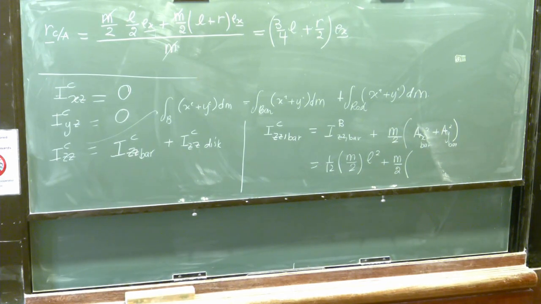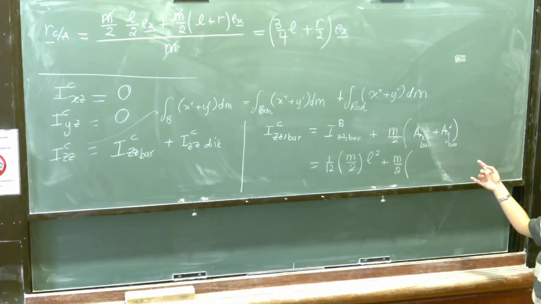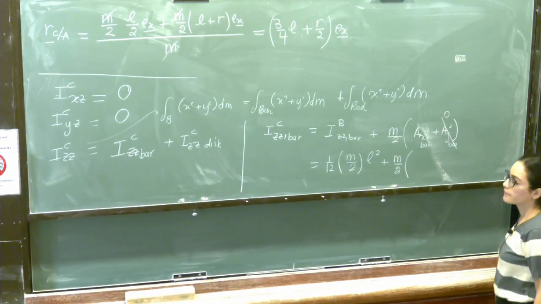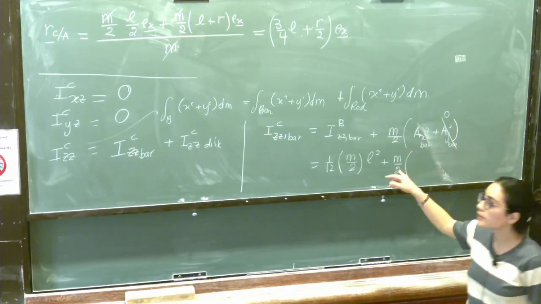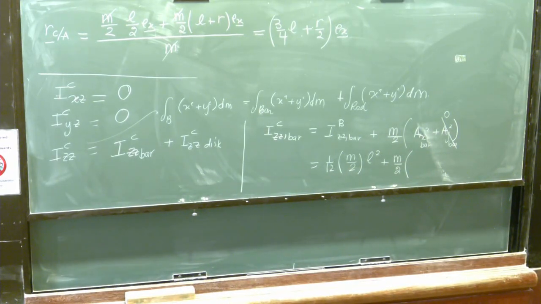Does this vector have any Y component? No. What is the X component? It's this minus L over 2.